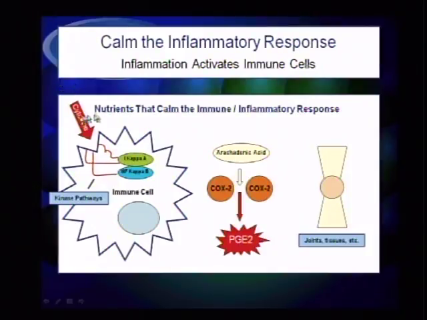This is showing the cytokines that come in, and their response for signals is some messengers. Those messengers go to the nucleus of the immune cells, and that sends out more chemicals to create more of these inflammatory chemicals that say, hey, let's raise inflammation. And so it's trying to calm this signal here.